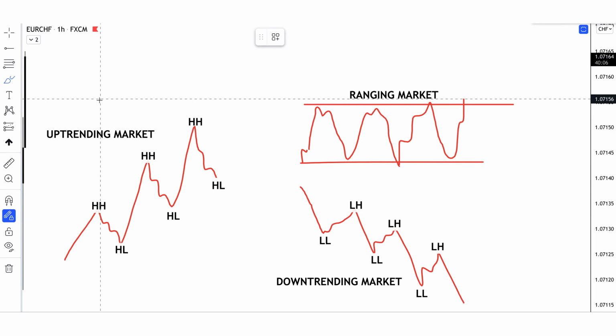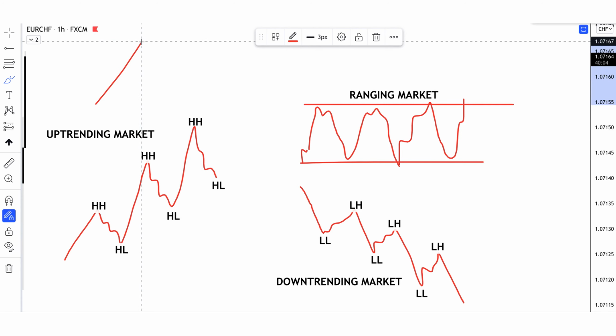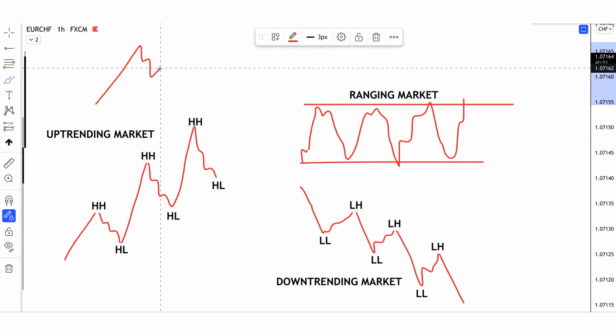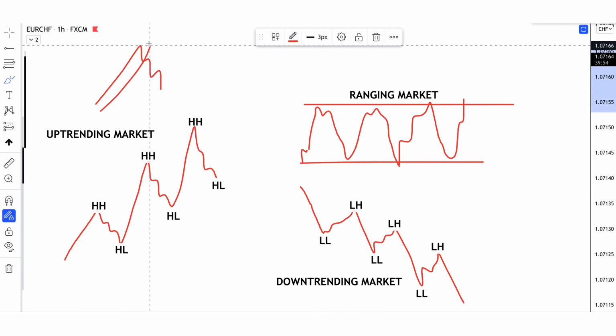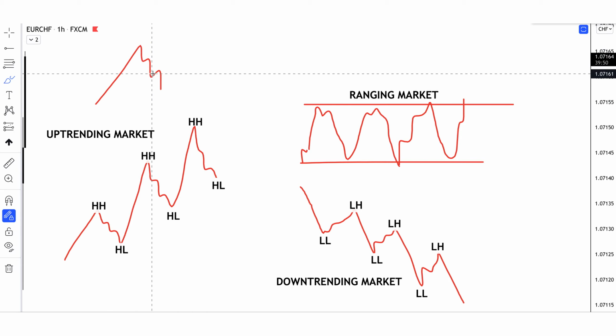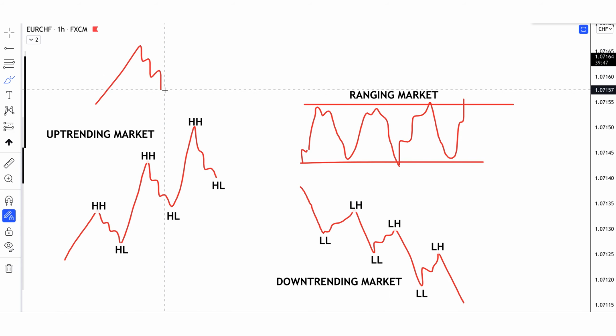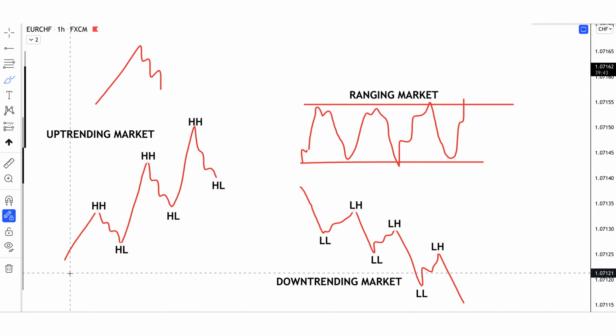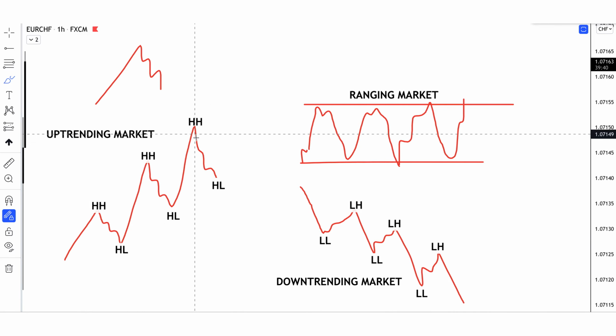If we see an impulsive move to the upside, we certainly want to see a corrective pullback indicating that the sellers are quite weak. This would indicate that the buyers are strong due to this impulsive move, and the pullback, which is corrective, would indicate that the sellers are weak. So that's an uptrending market. We have a series of higher highs and higher lows. After an impulse, we want to see a correction, and then we want to look for another impulse.